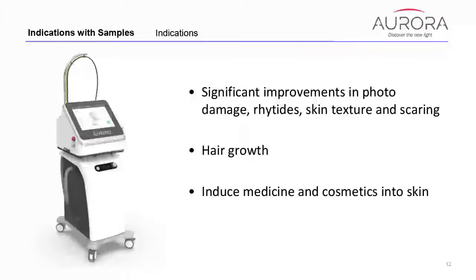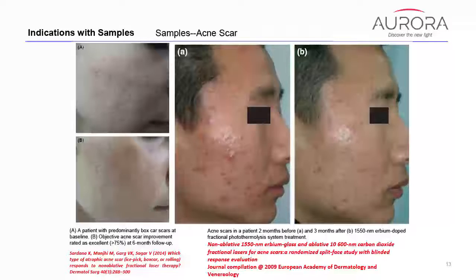And the indications with examples like the significant improvement in the photo damage, red heads, skin texture, and scarring, hair tattoo, and induce medicine and cosmetics into the skin. We have collected some before and after pictures from the public papers.